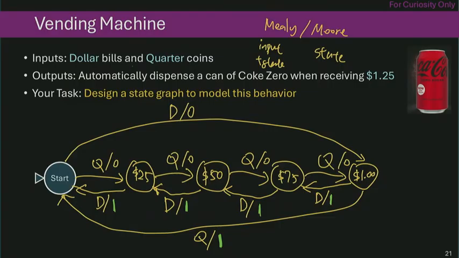At that point, if you really want to give refund, it's pretty straightforward. You can create an additional input. Let's say someone pressed the refund input. Right, this is like a manual refund machine. So they can refund before reaching $1.25.